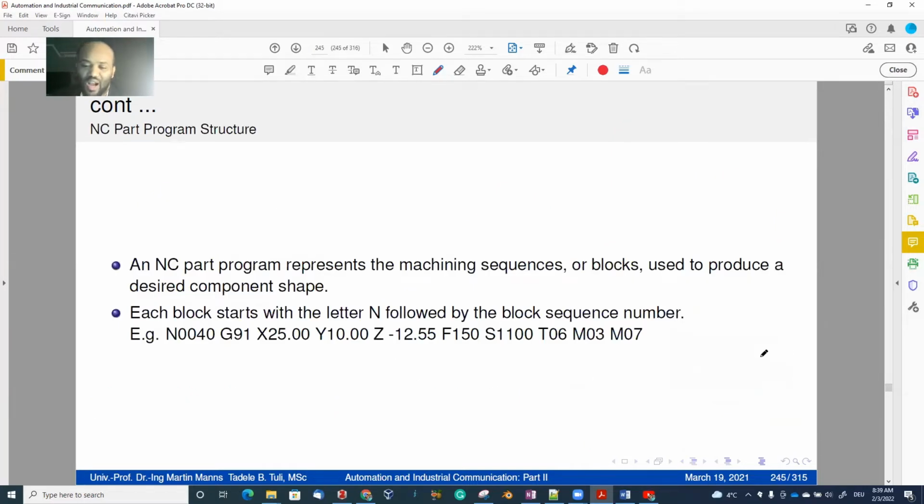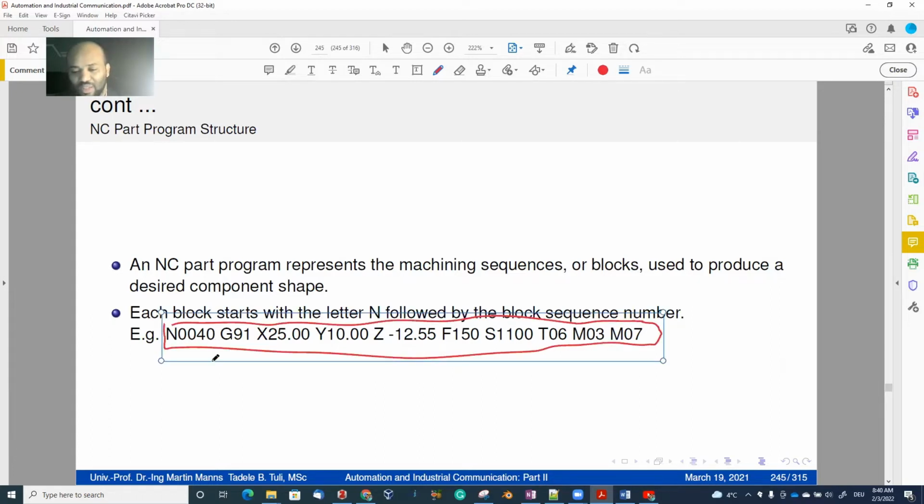Now, the question is, how do we write this? How do these machines interpret these part programs or syntaxes of machine language? This machine language, which we call G code in numerical control machines, could be written in blocks, which look something like this. This is the sequence number, the 40th line, G91 incremental positioning.